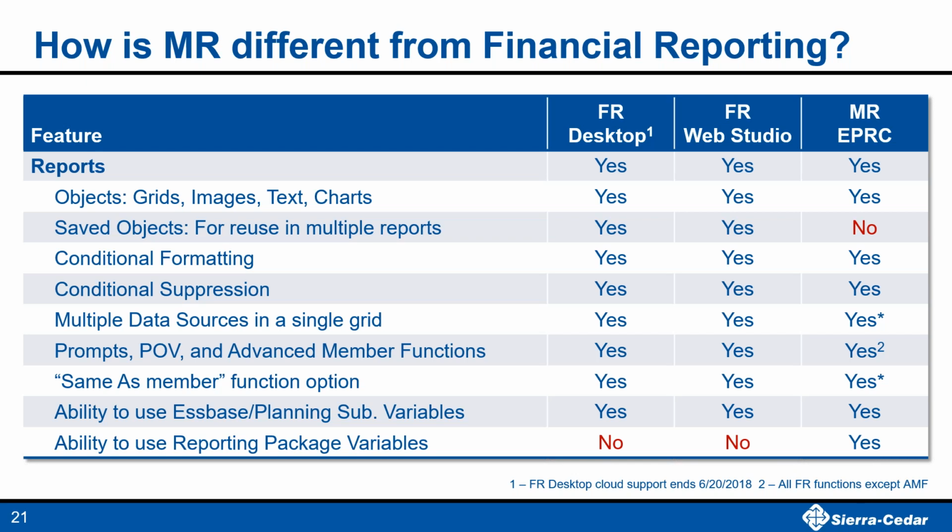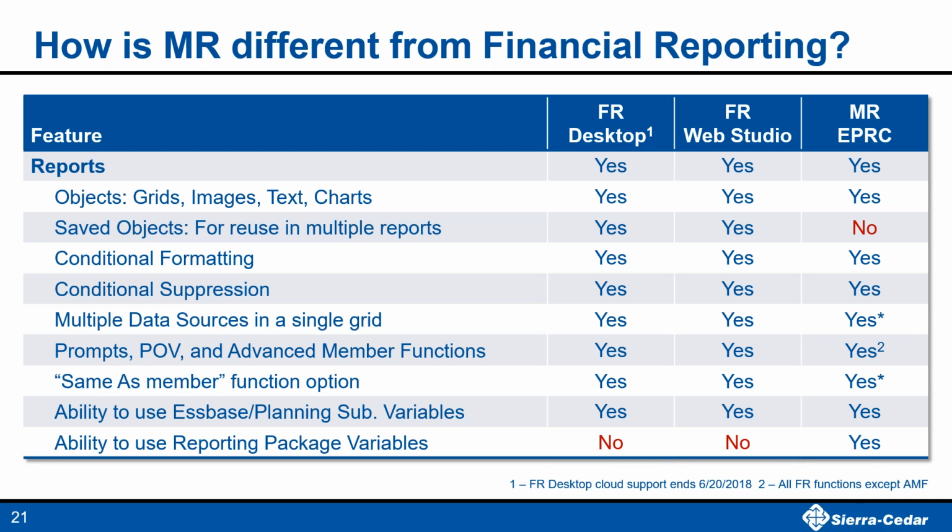So with that said, just looking at this slide, multiple data sources in a single grid, you see an asterisk by yes for MR, though they are available, but via grid formulas. There are no hidden grids yet, but those are coming soon. Save as member has been replaced in management reporting by the save selection functionality, which allows a same as on multiple grids in the same report.